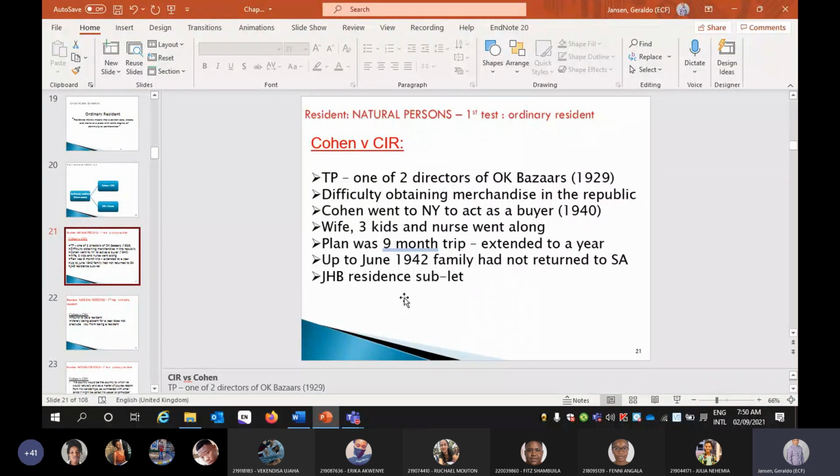And the reason for this court case was that Mr. Cohen felt that the money he received should not be included in gross income because he's not a resident, and that's where this whole challenge came about between Cohen and the Commissioner of Inland Revenue. So he didn't want to pay tax since he thought he was not in South Africa since 1940.